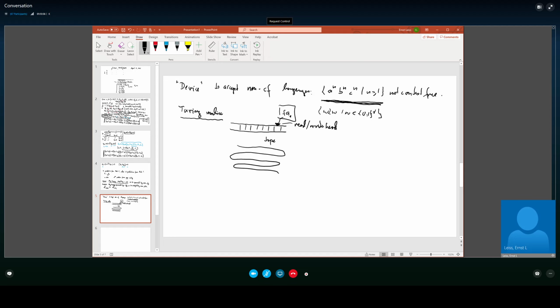So it really doesn't count in the sense of counting 1, 2, 3, 4, 5, 6, 7. So it doesn't really say, oh, well, there are 343 A's followed by 343 B's followed by 343 C's, and that is a word in the language. It basically says there's an A with a corresponding B and a corresponding C, and then I keep repeating it.